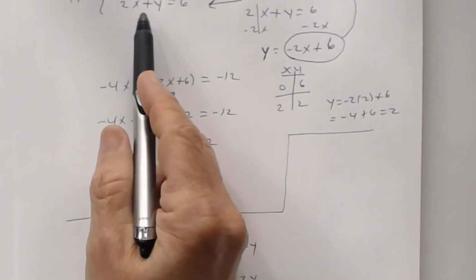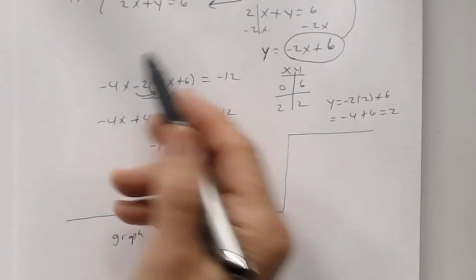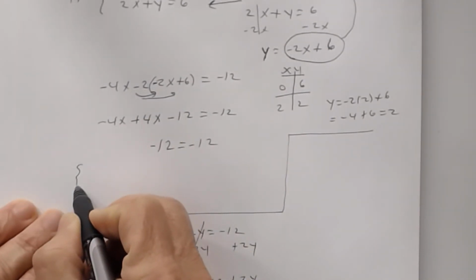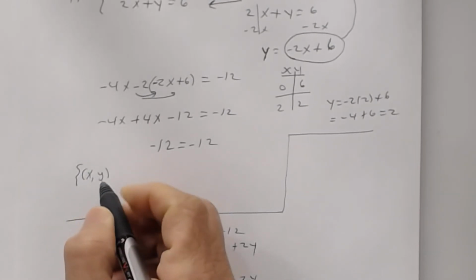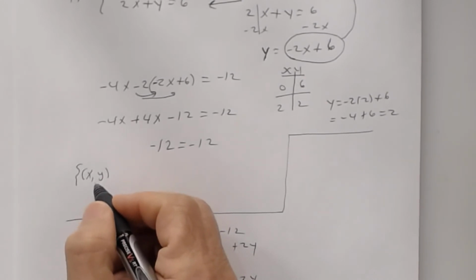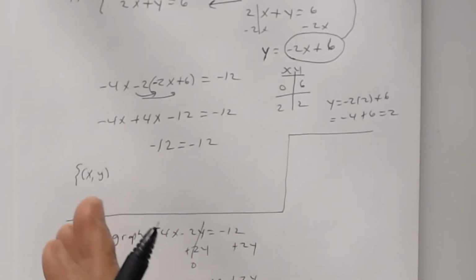Here, though, how many letters do we have? 2. And these are ordered pairs, so here's how you're going to write it. The set of x comma y, so it's an ordered pair, right? So it's not just a set of x, because how many variables are there? 2. You're dealing with a coordinate plane.